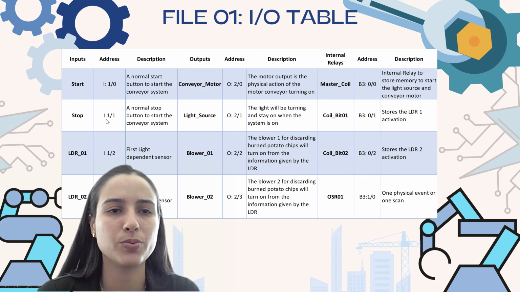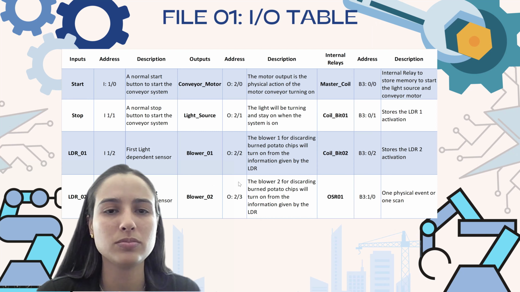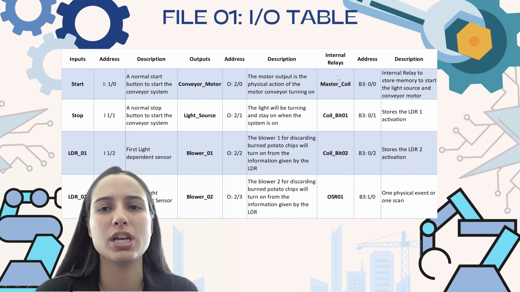Stop is input 1, slot 1, bit 1. Here are our outputs. These are our physical inputs and our physical outputs. Here are our internal relays, which are the internal memory of the automation.